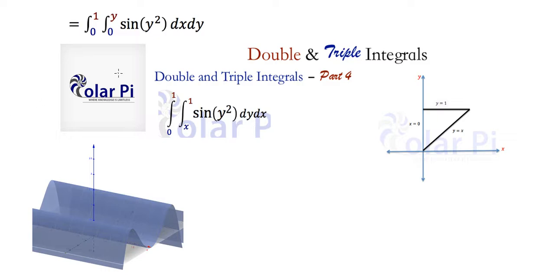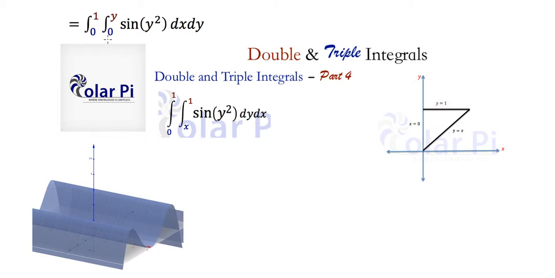If you do everything I just said, then this is what you'd have. And now, integrating with respect to x first, since sine of y squared is just a constant, we're going to get x times sine of y squared evaluated from 0 to y, and then outside of it, we're going to have 0 to 1 and then dy.